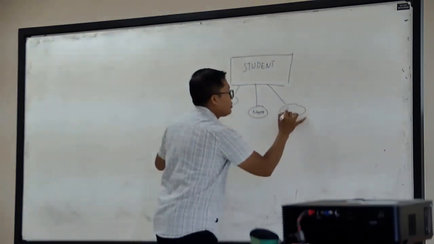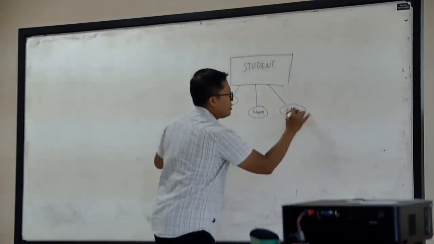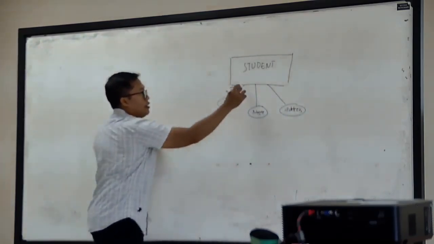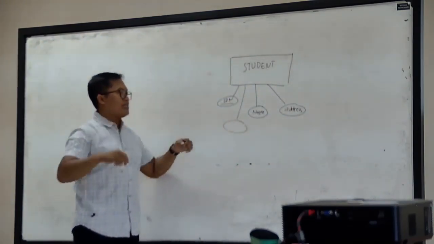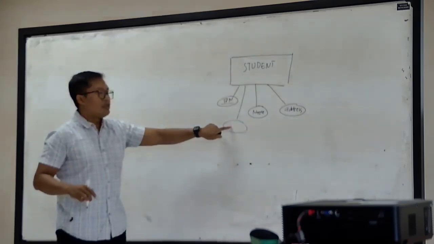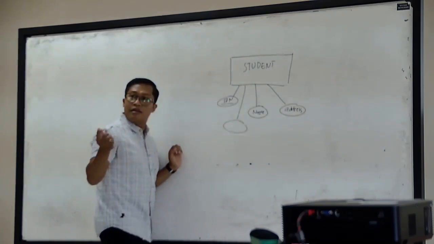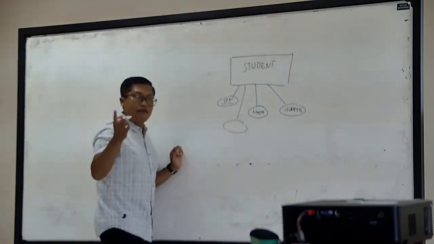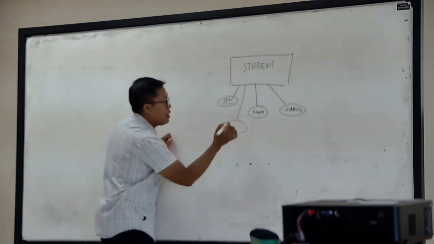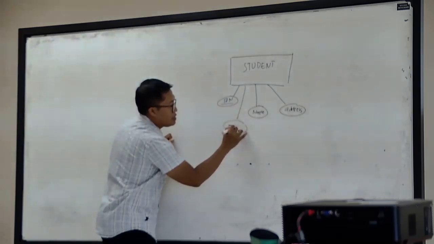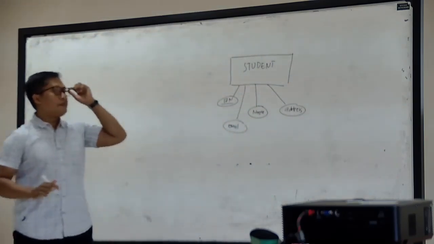Address. Okay, maybe we can just put one more attribute, telephone number maybe, or email. I think we just write email. I think it's enough.